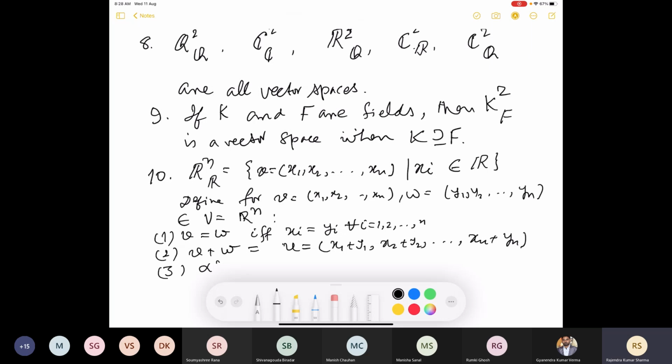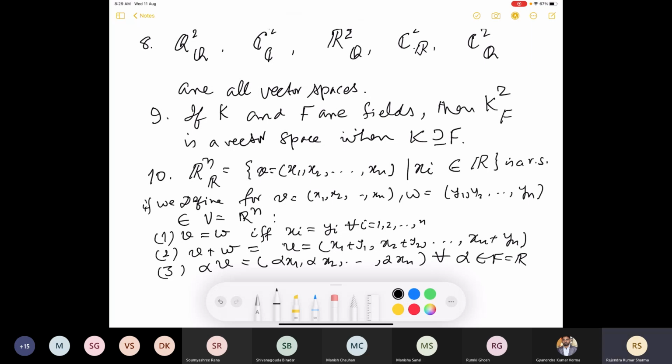And you can also define alpha v, the scalar multiplication, as alpha x1, alpha x2, up to alpha xn, for all alpha in F, and F is here R. So this becomes a vector space if we define the equality of two elements, the sum of two elements, and a scalar multiplication in V over R.